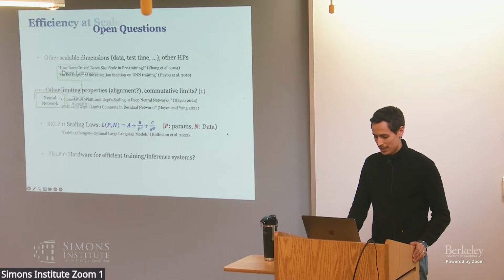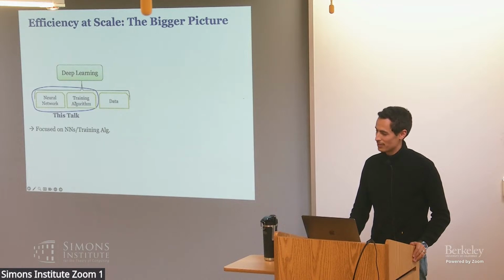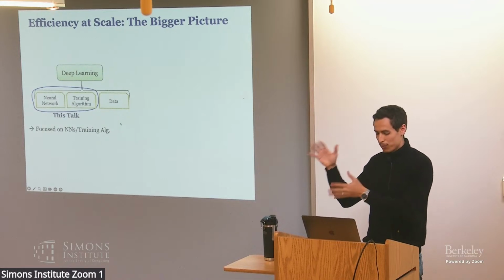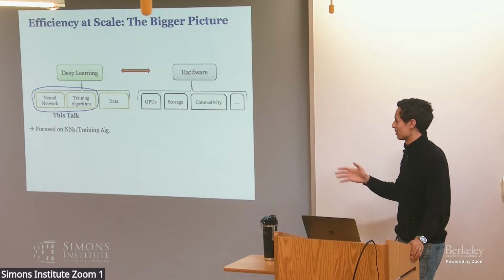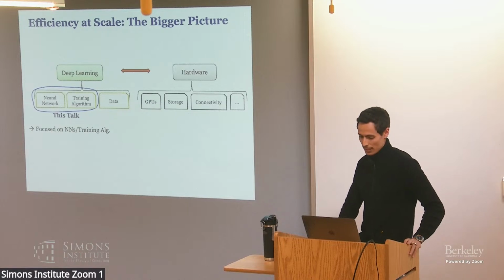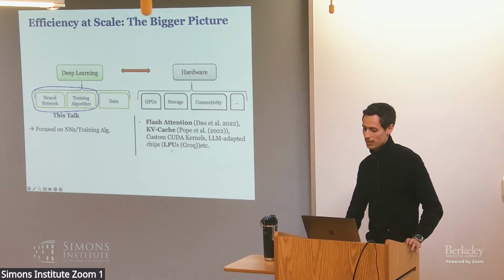I'm going to conclude with this figure. I always like to show this figure. What we saw in this talk is two components of deep learning: the neural network and the training algorithm. I didn't discuss data, but there's also a whole other component of efficiency, which is the hardware: the GPUs, the storage, how these chips are connected, etc. There is a lot of work on that side of efficiency, for example FlashAttention and KV cache.